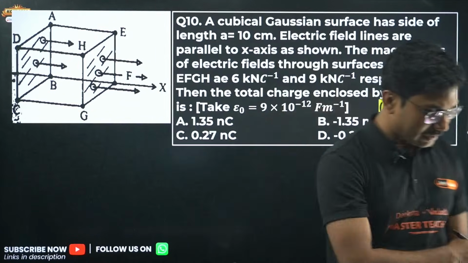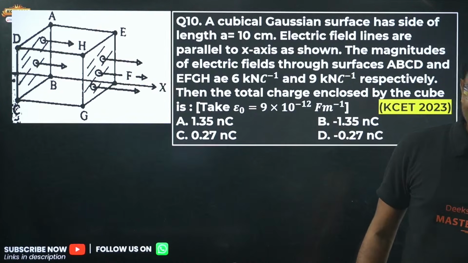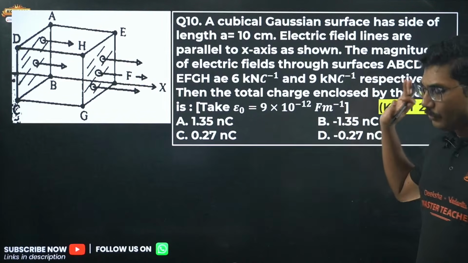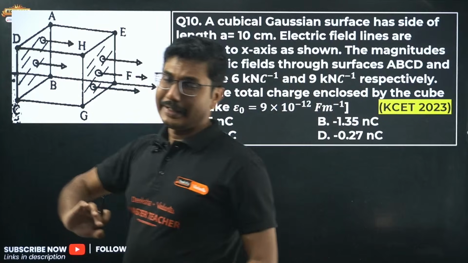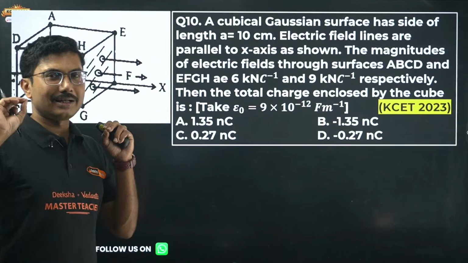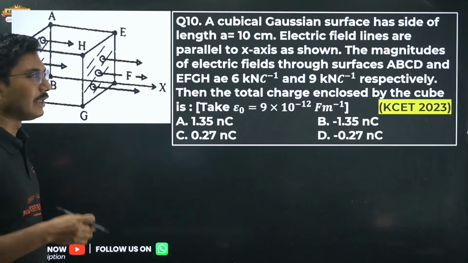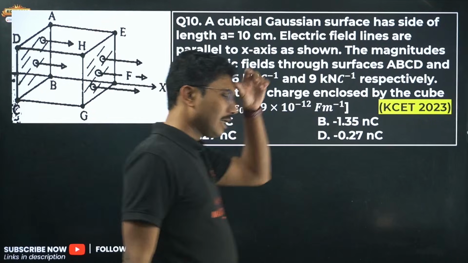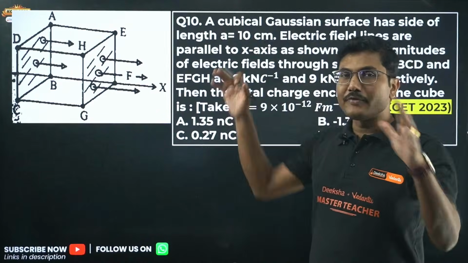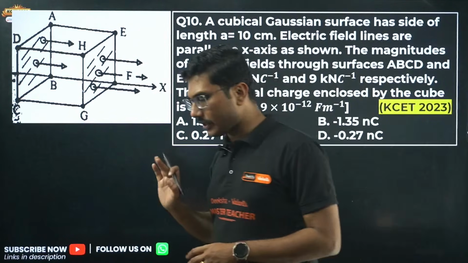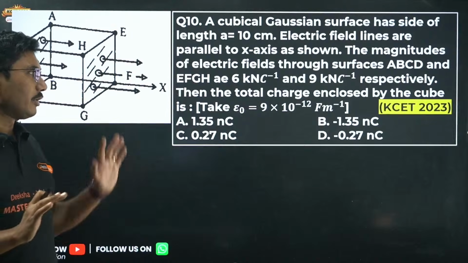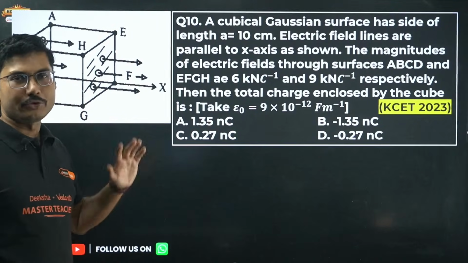So this is a little tricky and slightly difficult, but if you follow the process, it should not be that difficult. It is a medium to difficult level question. Mathematically it's a little lengthier, but if you solve it, it will not be very complicated because the values are given really well. If you start solving it, it should not create any problem.